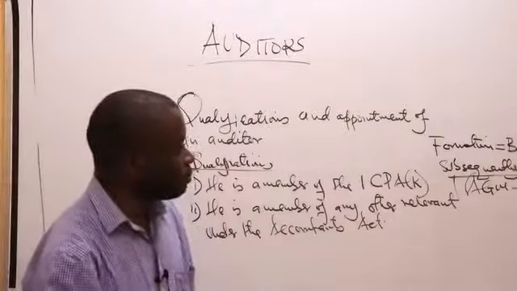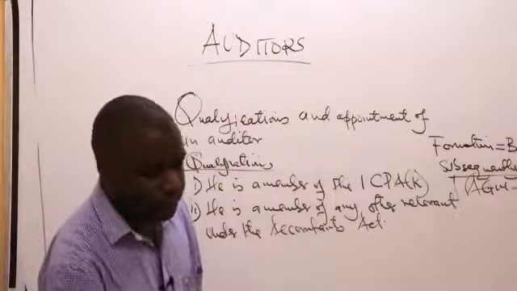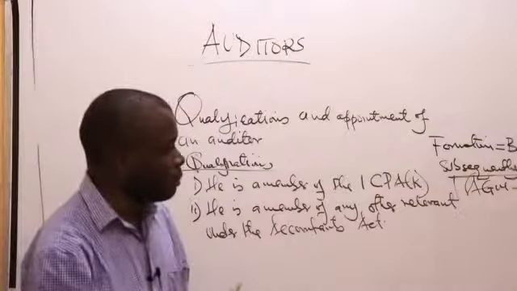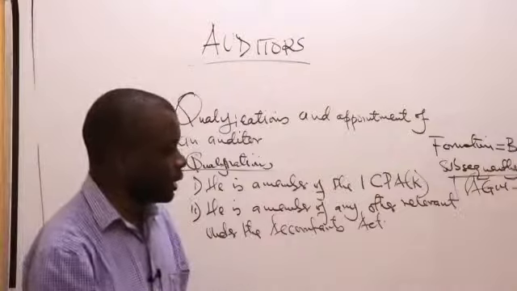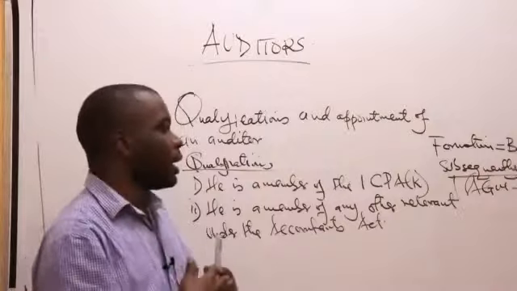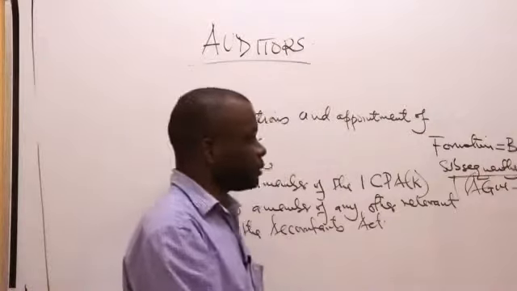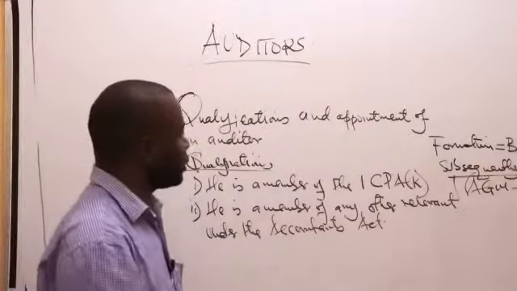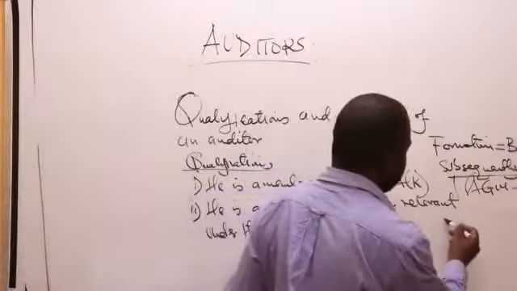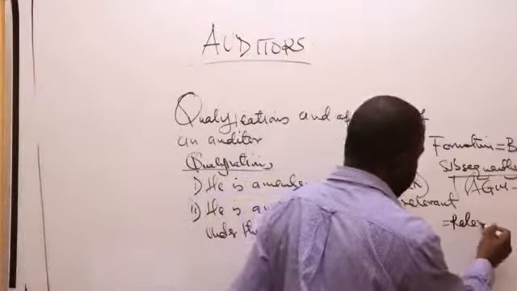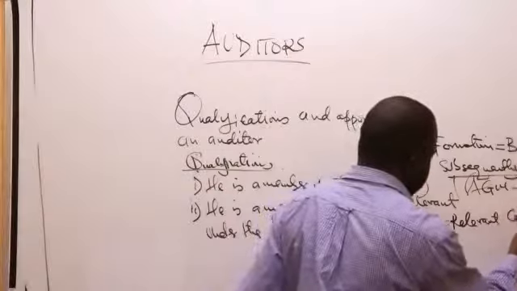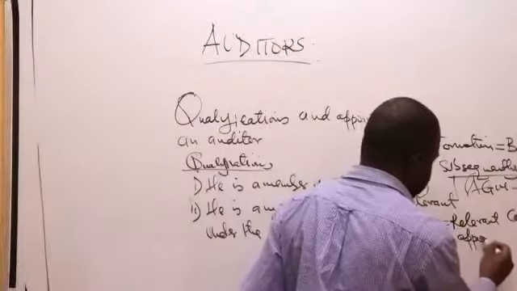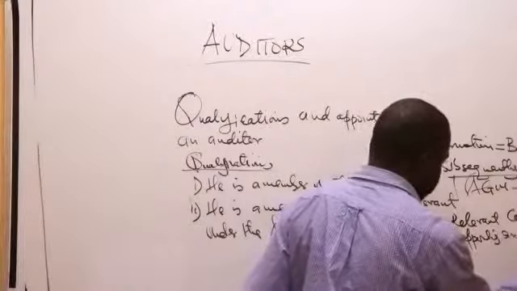For example, sometimes we could talk about a parastatal, or any company or corporate body that the government has an interest in. If that particular parastatal has failed to appoint an auditor, then sometimes you can have the relevant cabinet secretary appointing an auditor in such a case.